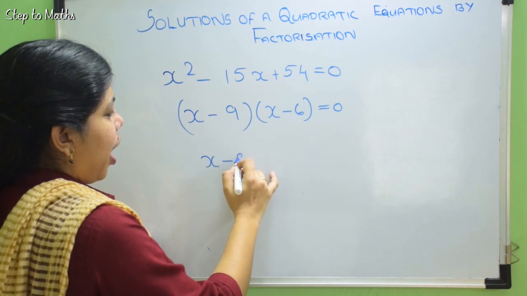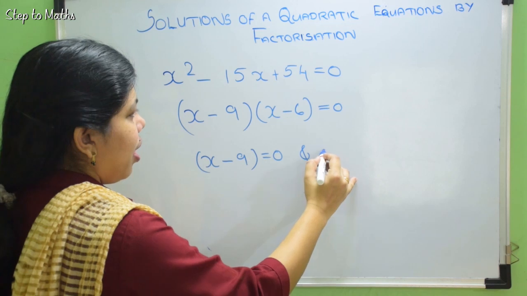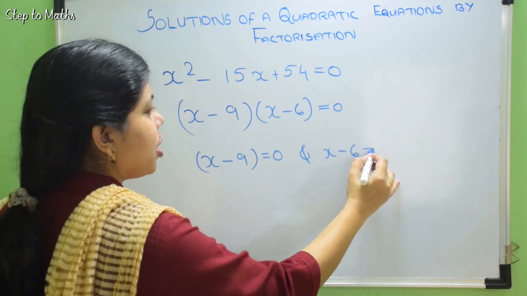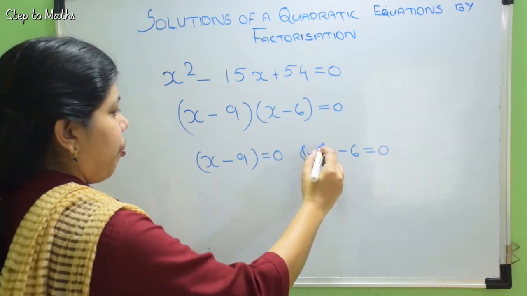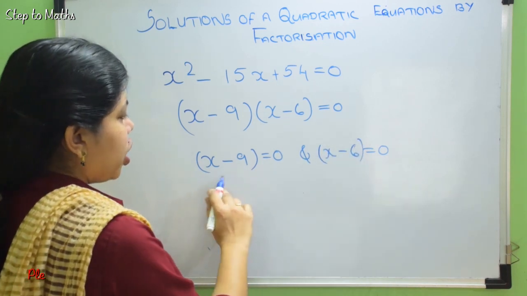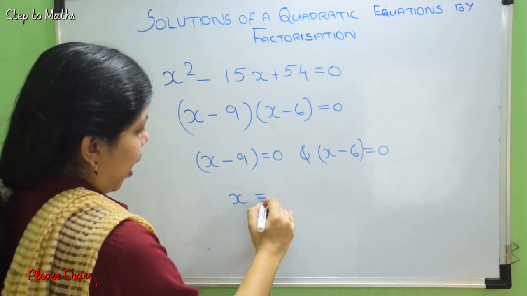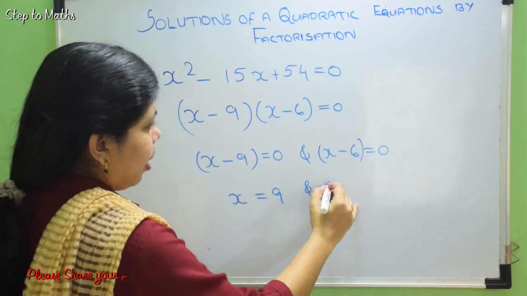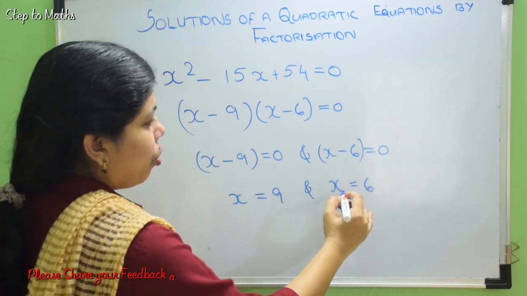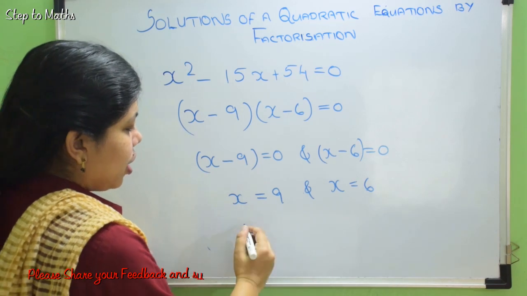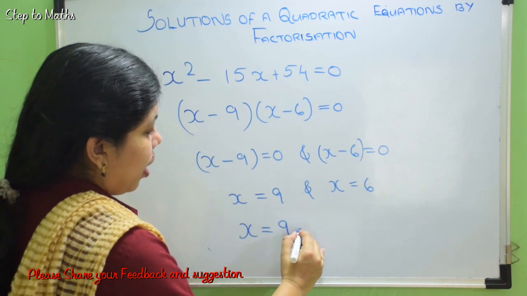Then x minus 9 equal to 0 and x minus 6 is equal to 0. x minus 9 is equal to 0 means x is equal to 9, and x minus 6 is equal to 0 means x is equal to 6.